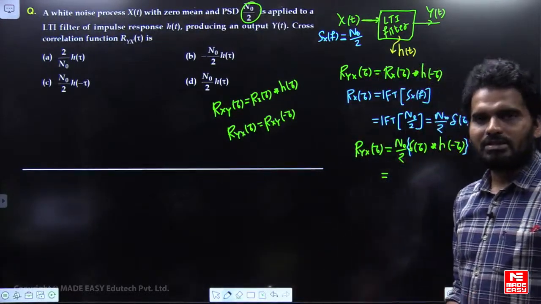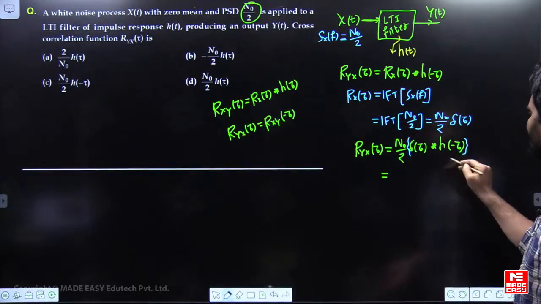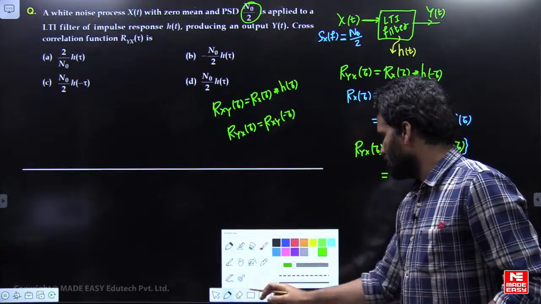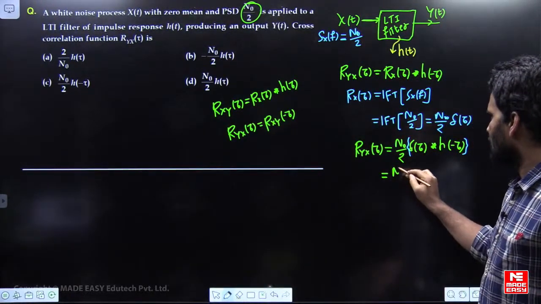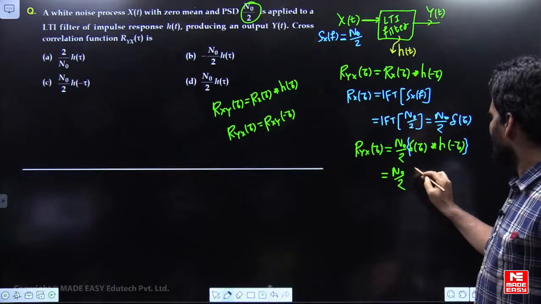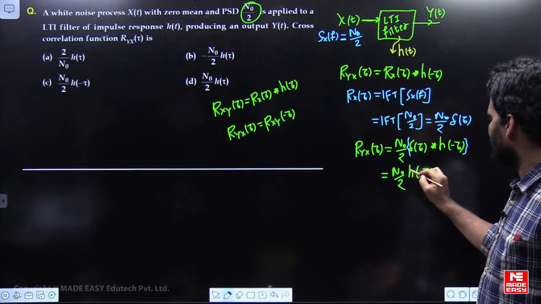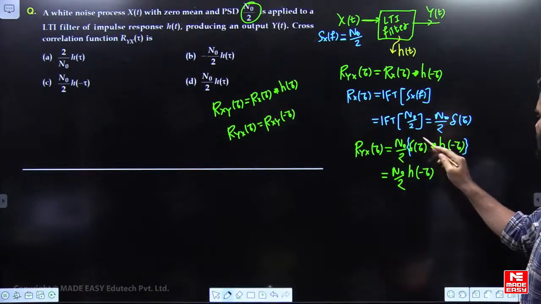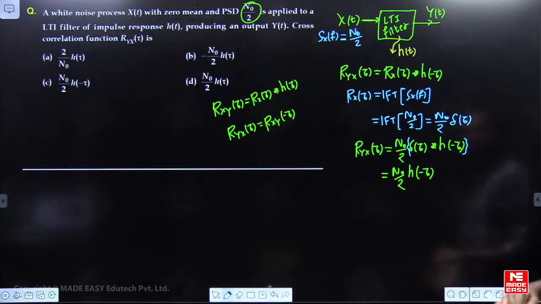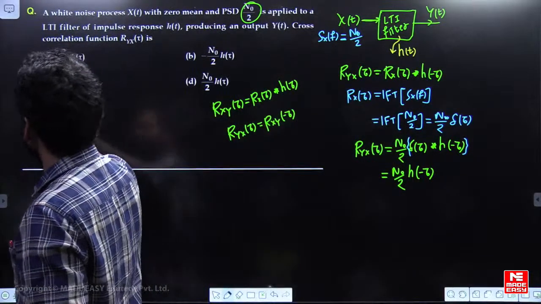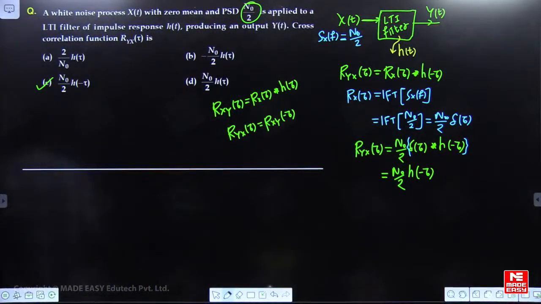X(t) convolved with δ(t) will be X(t) only. So I can say this is N0 by 2 times h(−τ). So what is the answer here? C will be the answer for it. Yes, Sahu and Chinmay Srivatsava, correct answers. Good.